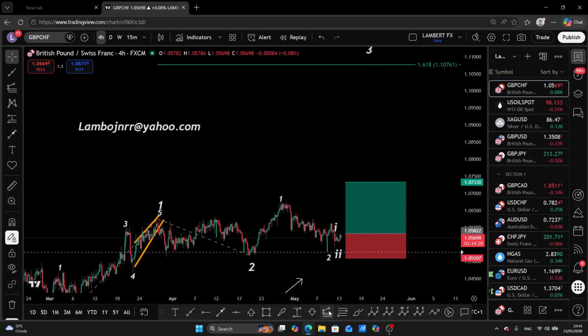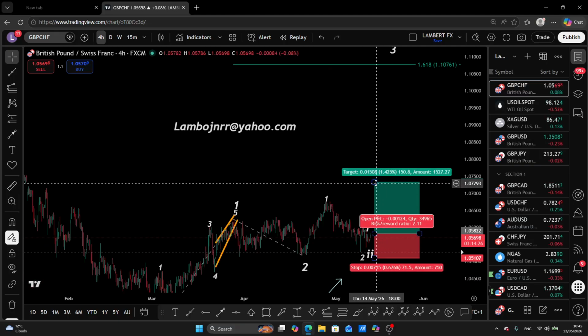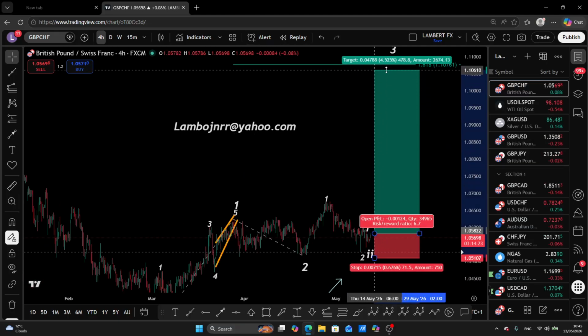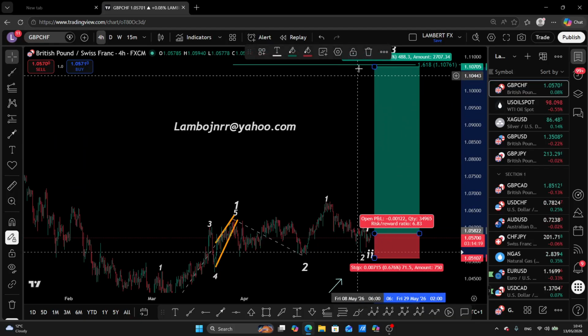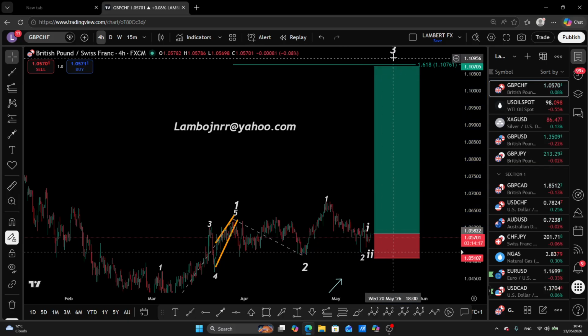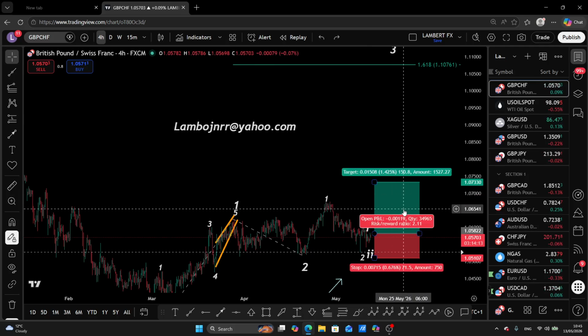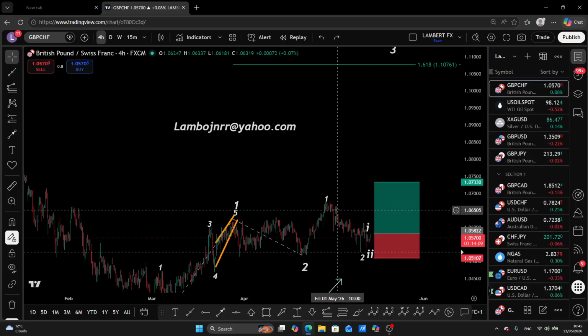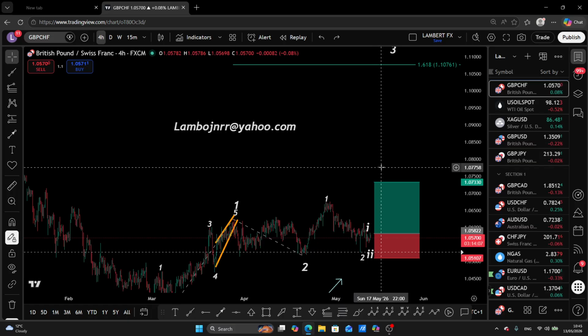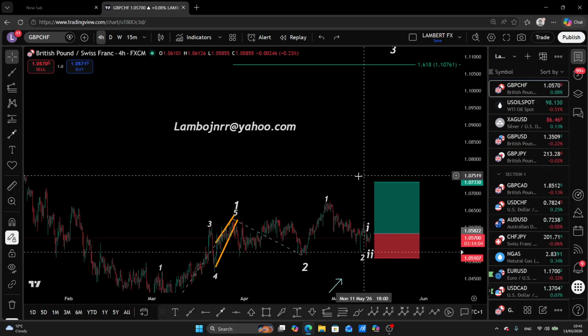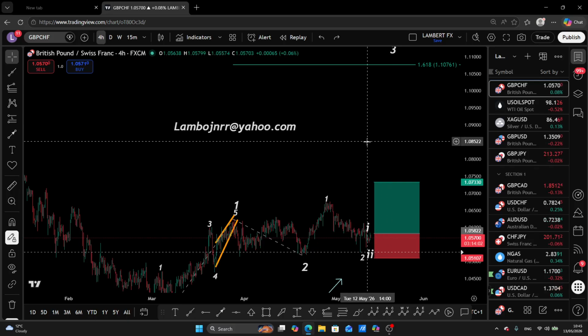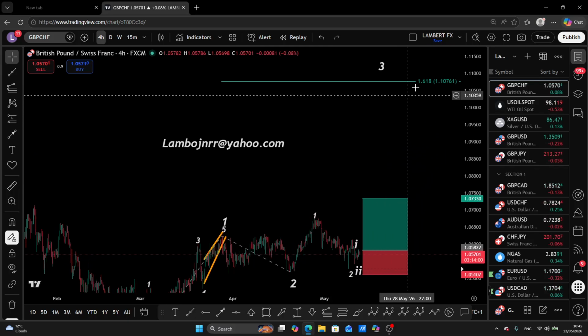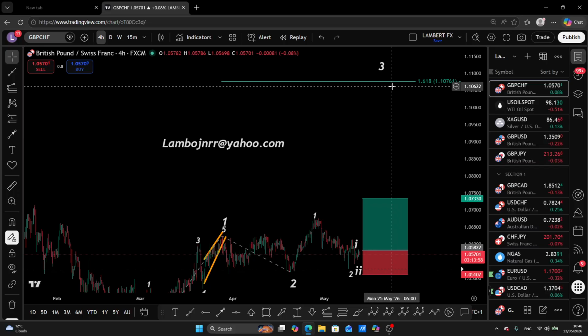So you could either take this trade all the way to here, or just like what I've done, I'm happy to take these 150 pips for now, and then I would look for retracements to go long up to where the trade should end.